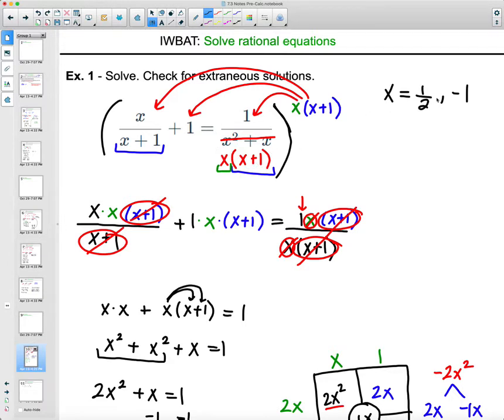So that's fine. If we plug in negative 1, negative 1 plus 1 is 0. So that's bad. Okay, so this negative 1 will make the denominator 0. It is extraneous, so it is not a solution. So our only solution to this one is x equals 1/2.